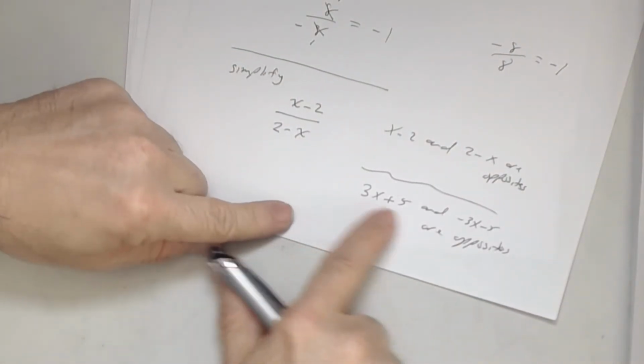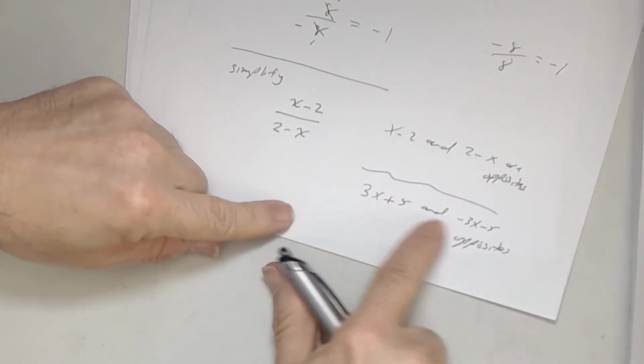So with numbers, it's easy. 10 and what are opposites? Negative 10. With polynomials, all you're doing is, in order for them to be opposites, the signs have to be different. 3x, negative 3x, positive 5, negative 5.